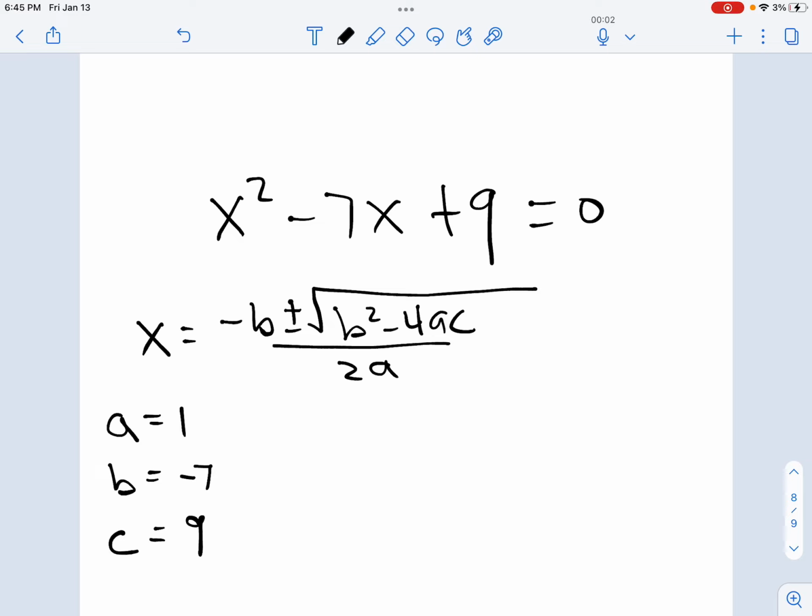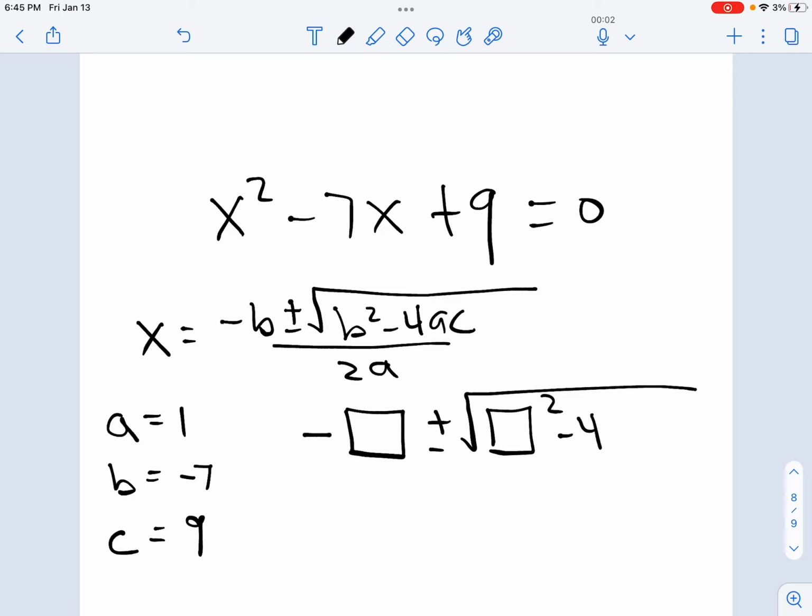And I'm going to rewrite my quadratic equation, but I'm going to include some big placeholders here for each of those terms. And I'm just going to slot things in here.